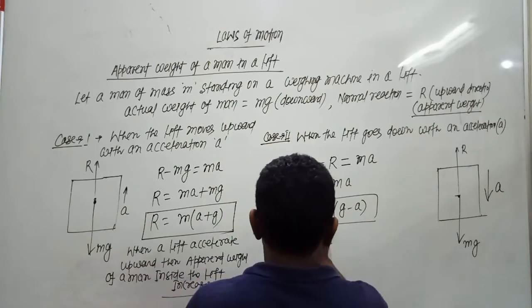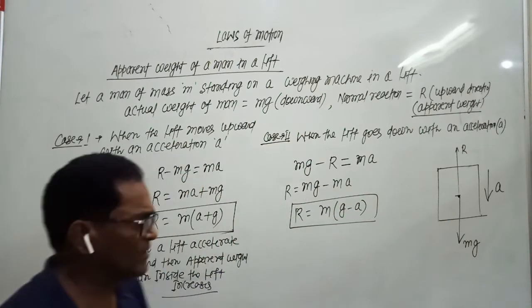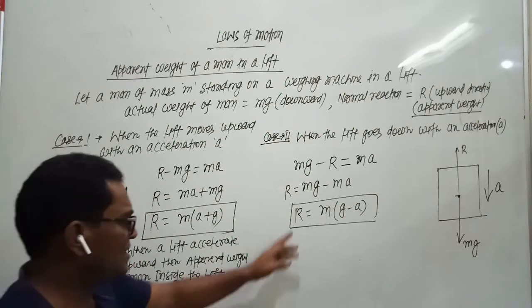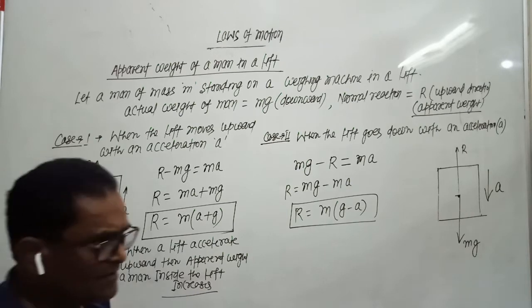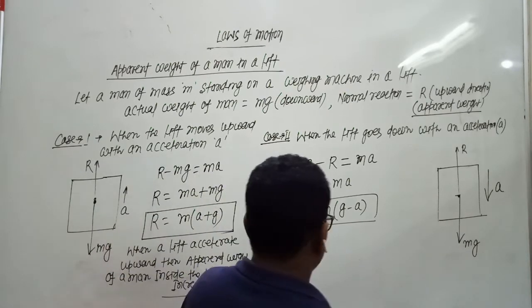So we conclude R is the apparent weight of a man inside the lift when the lift is going downward.